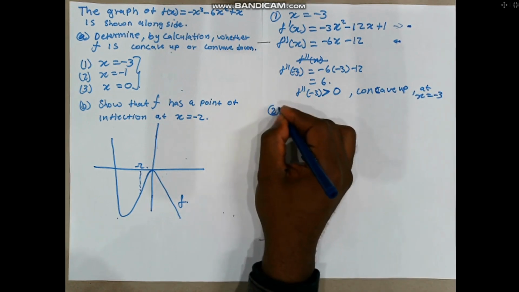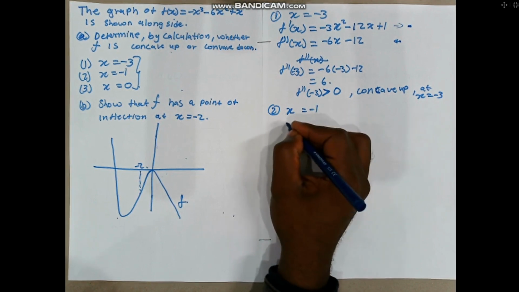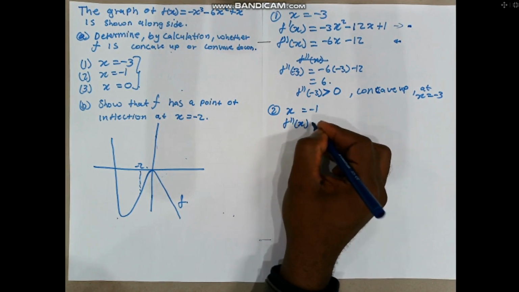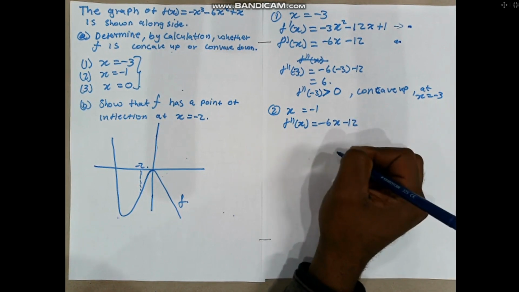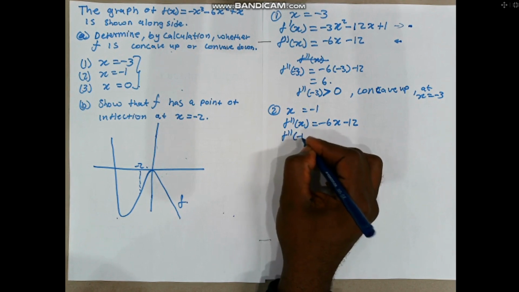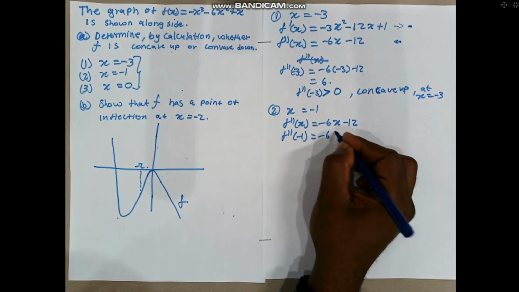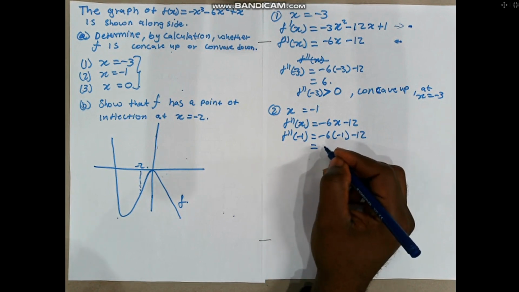Then number 2, they're asking for the concavity at x is equal to -1. We've already found our second derivative, which is -6x minus 12. We substitute -1 where it's x. Then what do we get?